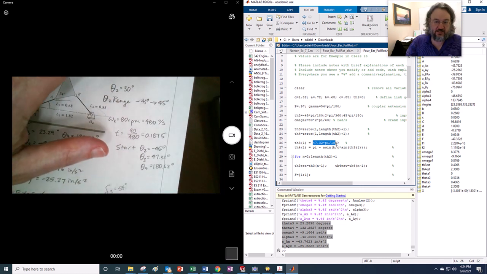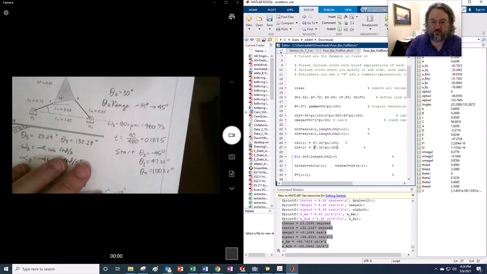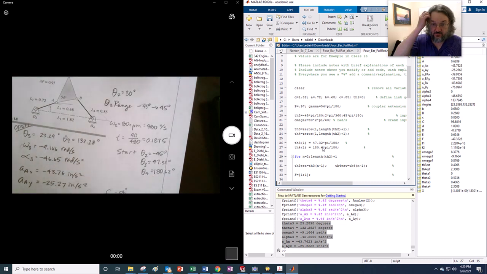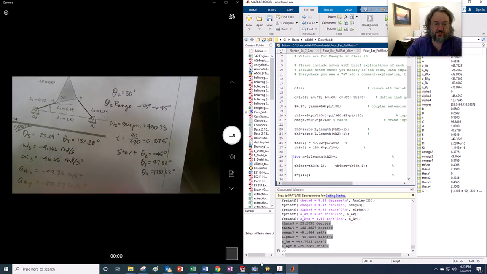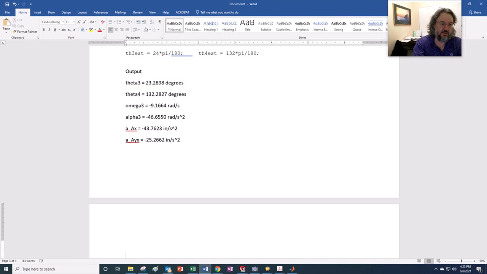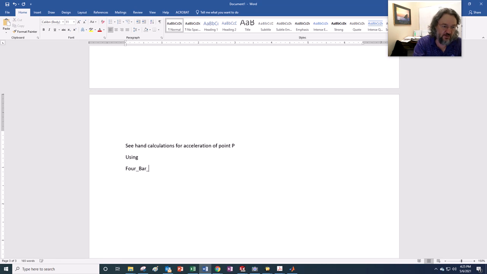Similarly, we're going to replace this guy right here with 180.6, right? So I think we have everything else. Let me see, we want to document when we did this with MATLAB, using full 4 bar full rot.m.